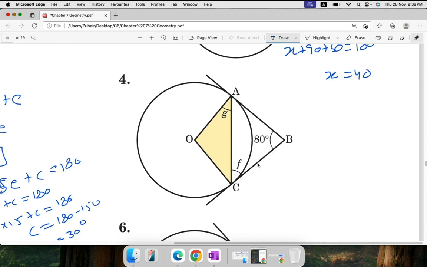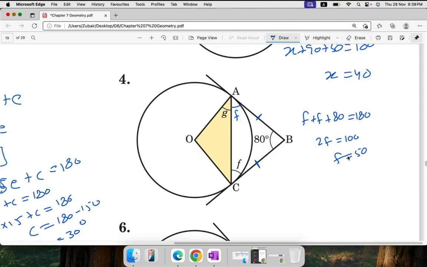At least see CB is equal to BA, that is isosceles. So these two are F. F plus F plus 80 is equal to 180. 2F is equal to 100. F is equal to 50. Yes, sir, I got 50.